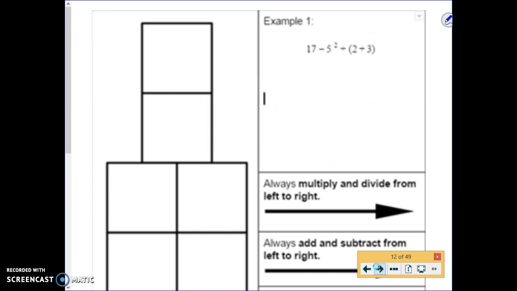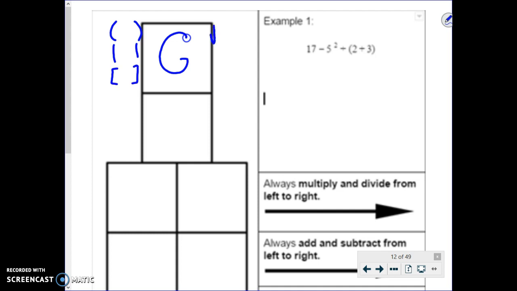My students always lead with PEMDAS, and I tell them that instead of PEMDAS, we're going to use GEMDAS, and the reason for that is that parentheses are not the only grouping symbol that we have. We have lots of other grouping symbols, including the absolute value. We have brackets.